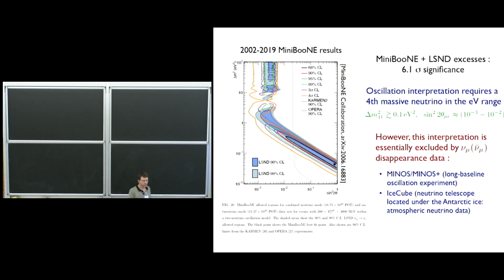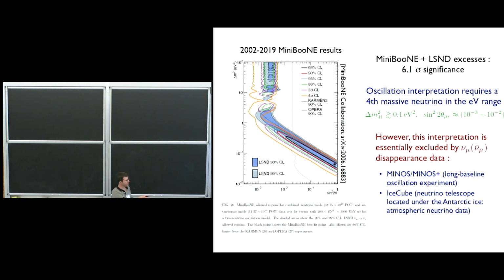So Gabriela told us what we should think of this fit, but in any case, if you do that fit, you find that you can accommodate the two anomalies with a sterile neutrino in the eV range, so delta m squared of 1 or 0.1 eV squared, and a small mixing angle, because larger values are excluded by other experiments, between 10 to the minus 3 and 10 to the minus 2.